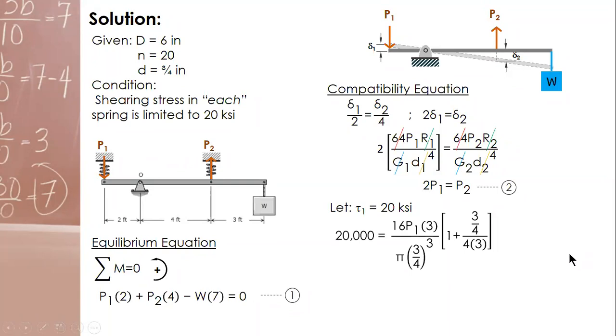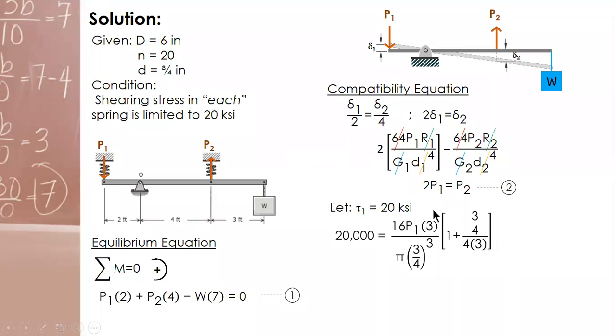Stress equals 16PR over pi d cubed times (1 plus d over 4R). The wire diameter is 3/4, and the mean diameter is 6, so the mean radius is 3.